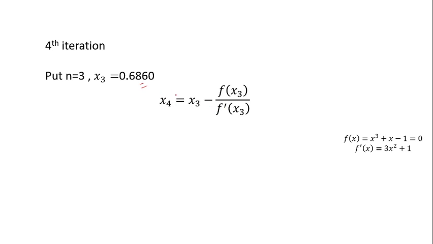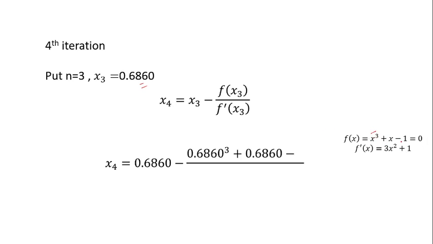Now put the value of x3: x4 = 0.6860 minus (0.6860 squared plus 0.6860 minus 1) divided by (3 into 0.6860 squared plus 1). Now we can find this with the help of a calculator.